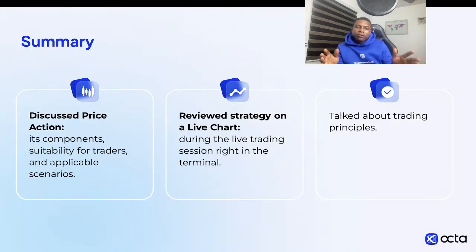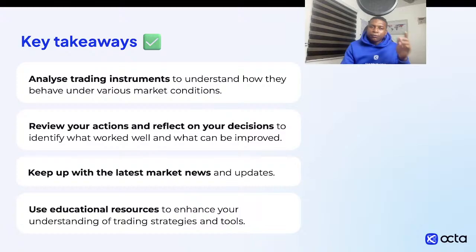Now, a quick summary of this: we discussed price action, we looked into multiple time frames, trading strategy, and then we had a live chat, and also we talked about the principles of trading and risk management. Now, few things you need to take away from this session.